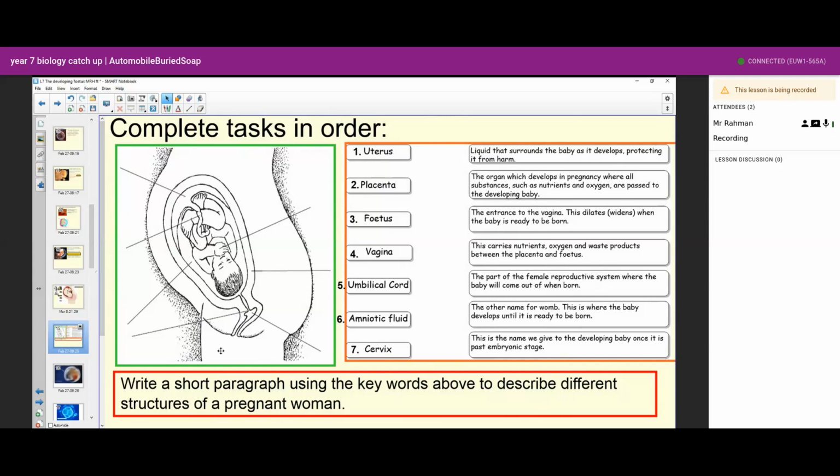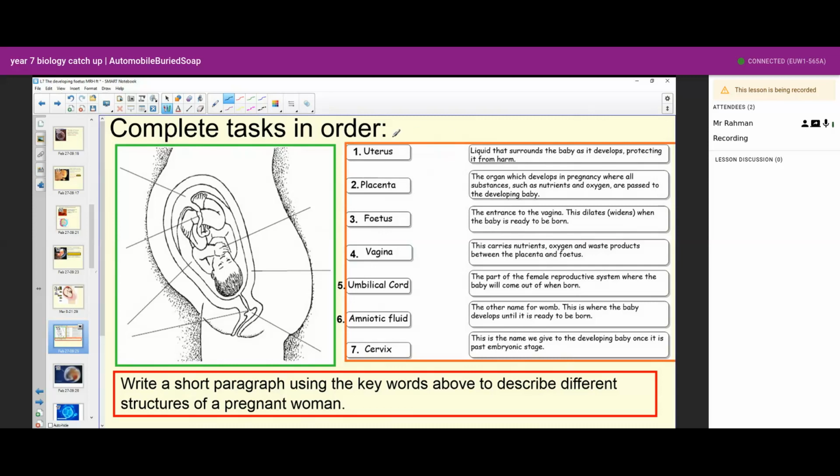Now I know you don't have the diagram in front of you, but you can have a think about which keywords go on the diagram, and then you can match the keywords with the descriptions on the right.